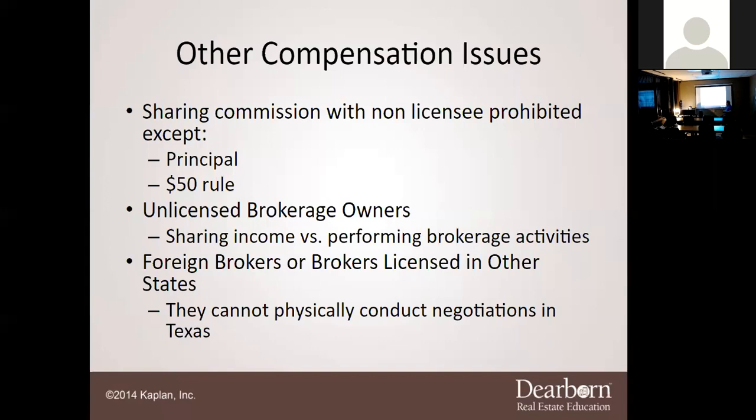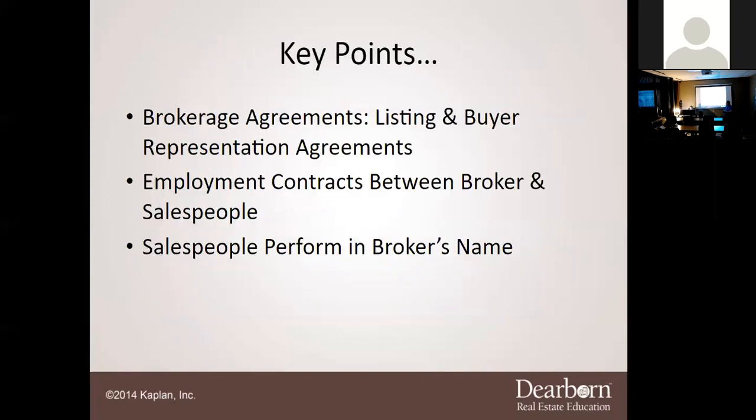Foreign brokers or brokers licensed in other states, they cannot physically conduct negotiations in Texas. You can refer out, but they cannot physically conduct negotiations. So the key points is that brokerage agreements, listing and buyer representation agreements are going to be the agreements with clients.